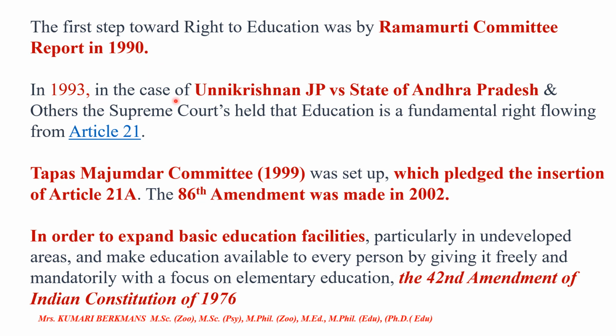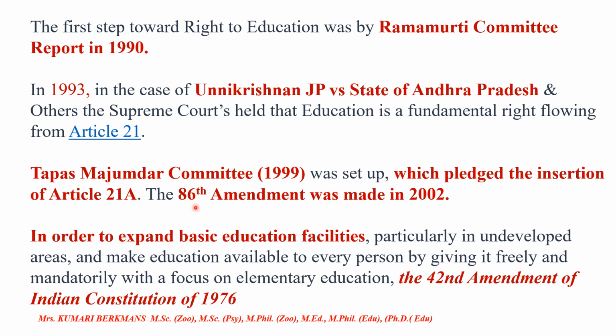In 1993, the case of Unnikrishnan J.P. versus State of Andhra Pradesh. Okay, just we have seen prior. So the Supreme Court held that education is a fundamental right flowing from Article 21. Tapas Majumdar Committee in 1999 was set up, which proposed the insertion of Article 21A.